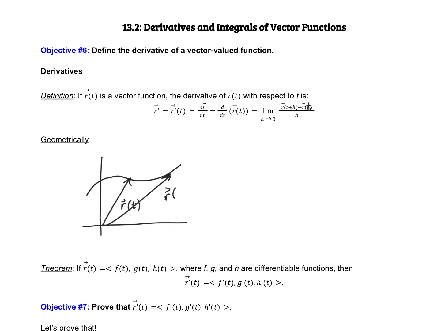So this is r of t plus h. So then if we connect those 2 points, this vector here is going to be the vector that describes r of t plus h subtract r of t, or really the other way. And this is the secant vector.